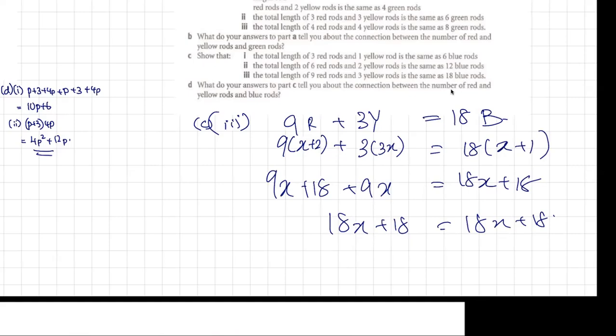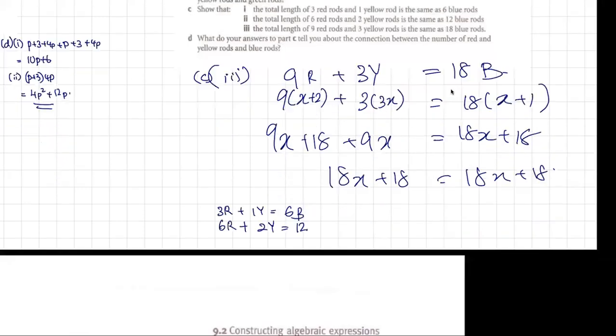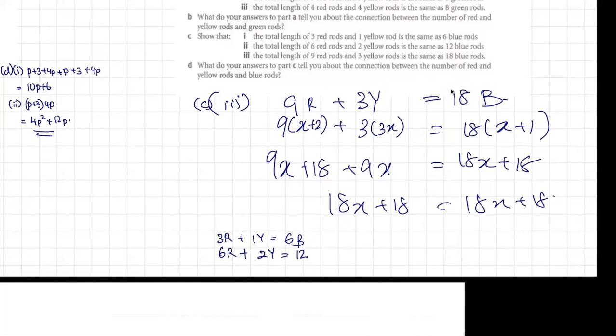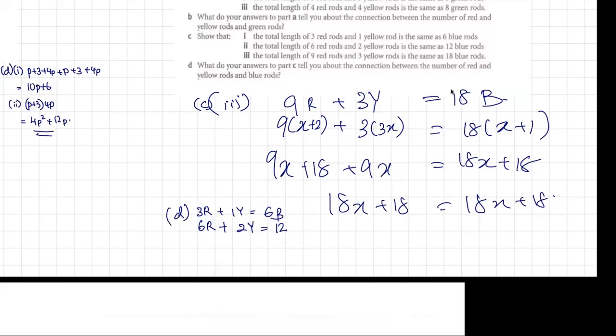Or you can just see the pattern here: 3 red plus 1 yellow is equal to 6 blue. Or you can see 6 red plus 2 yellow is equal to 12. Or 9 reds, and you just write the connection here. 9 red plus 3 yellow is equal to 18 blue.